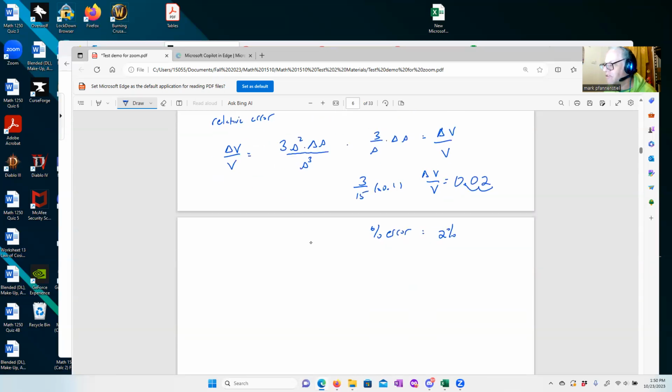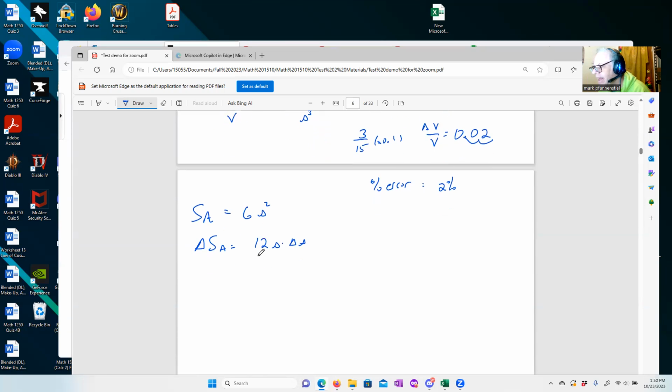How about for surface area? Surface area is equal to 6s squared. So delta SA is equal to 12s times delta s.